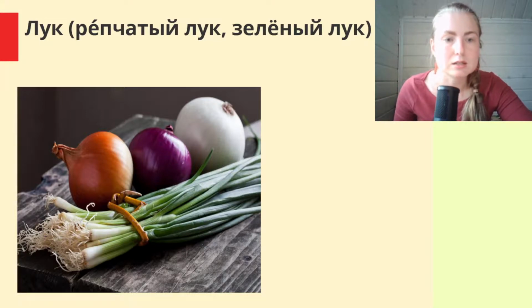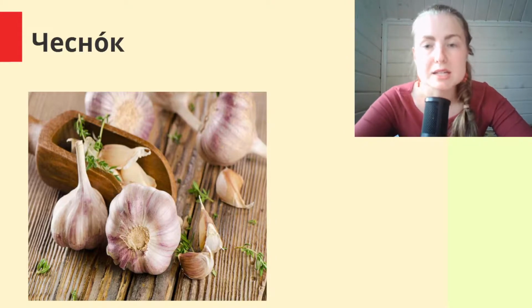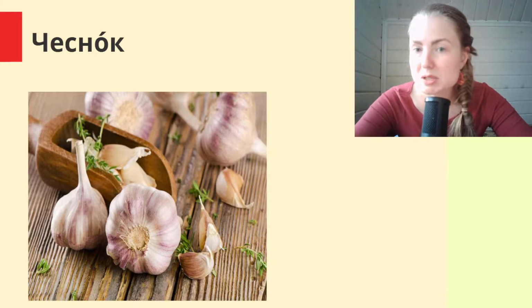Okay. Next word is чеснок. Чеснок means garlic. Pay attention to the pronunciation of the letter E. I don't pronounce it like che. I pronounce it like chi. So we write che, but pronounce chi.